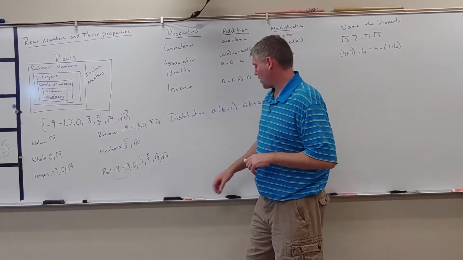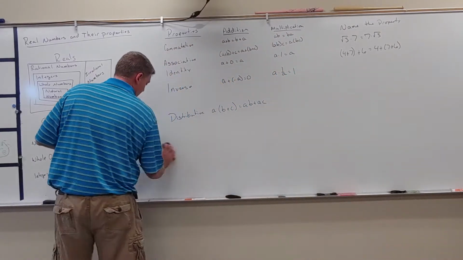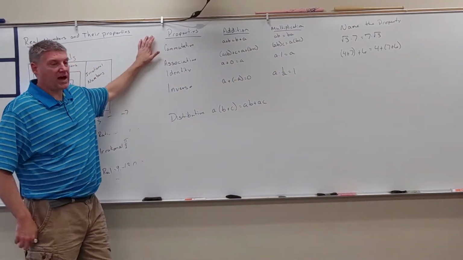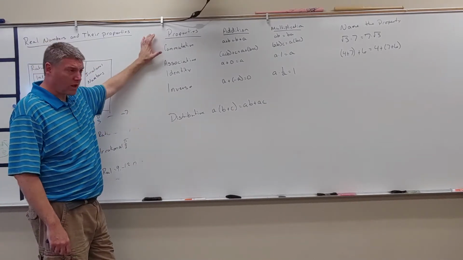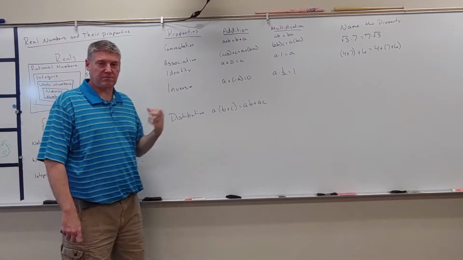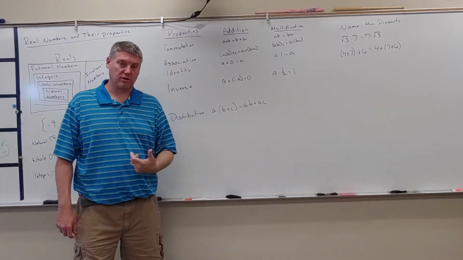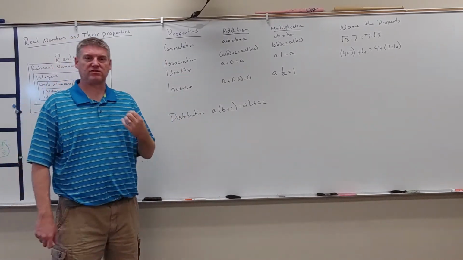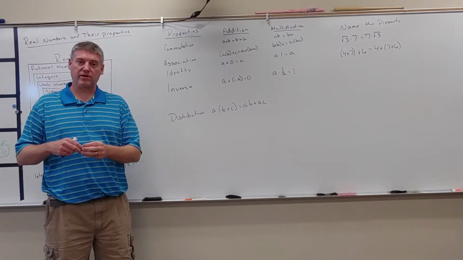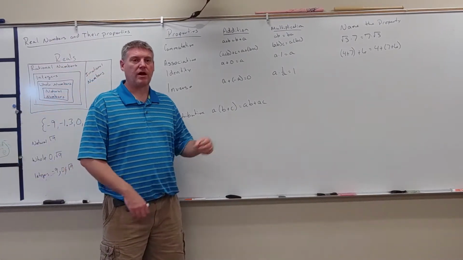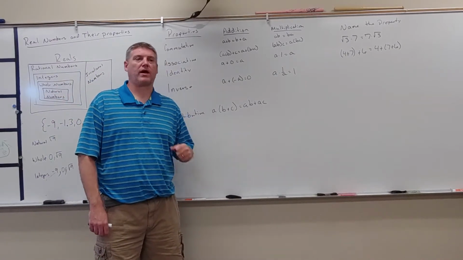Now we're going to talk about properties. And in our properties here, we have the addition side and the multiplication. So we have this idea before we get into properties of closure. Closure just means that if I have a real number plus a real number, I will have a real number, okay?